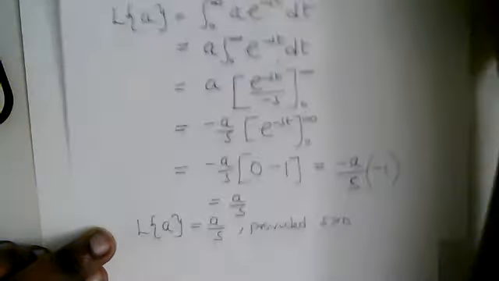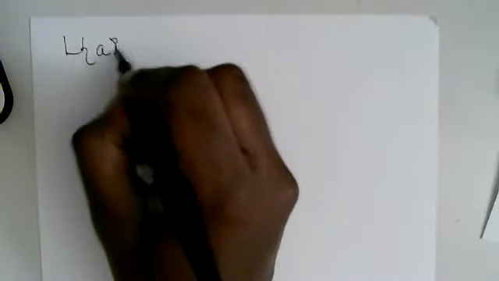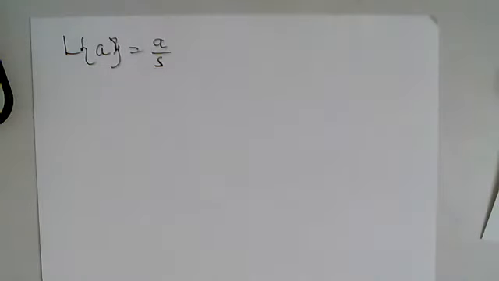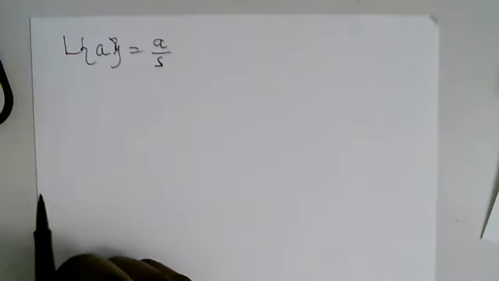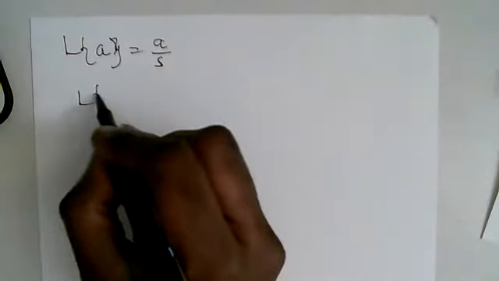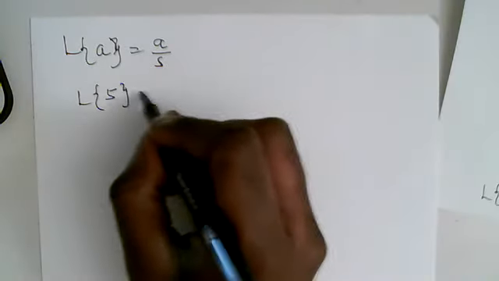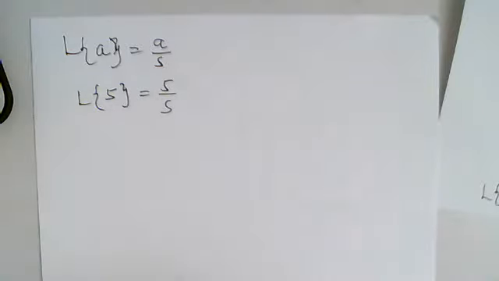So what we're actually talking about here is that this implies that the Laplace of any constant is actually the constant over s. It's that simple. Okay, so I'll put in some examples. The Laplace of 5 is actually 5 over s.